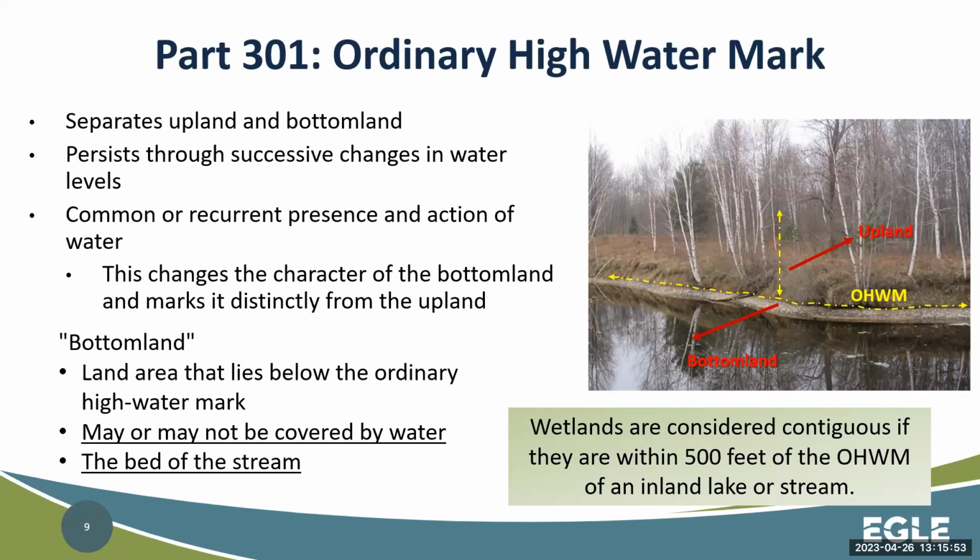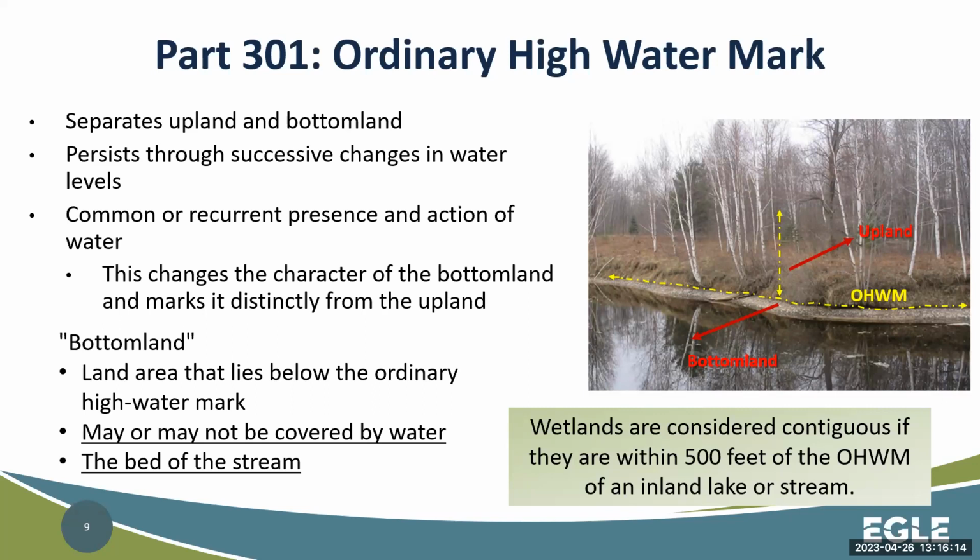Part 301 includes a definition of bottomland to be the area that lies below the ordinary high water mark. This bottomland may or may not be covered by water, and when we're talking about streams, it can also be considered the bed of the stream.